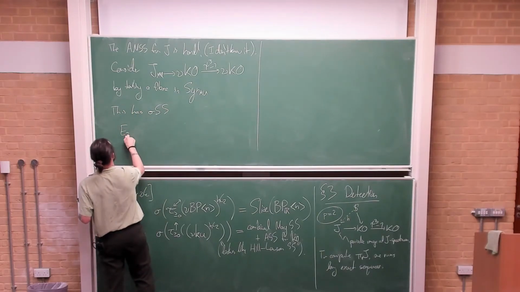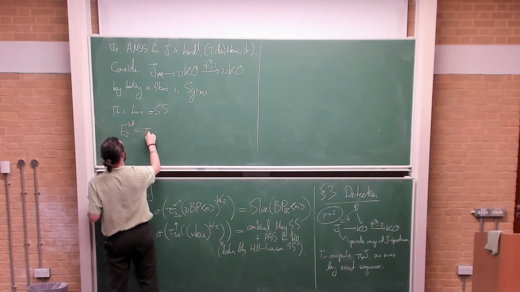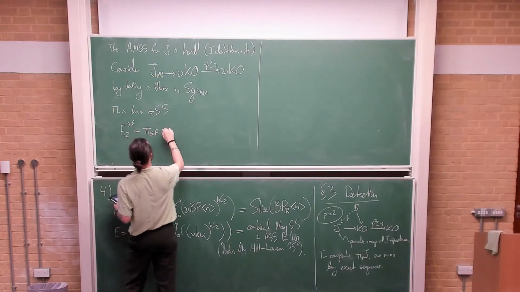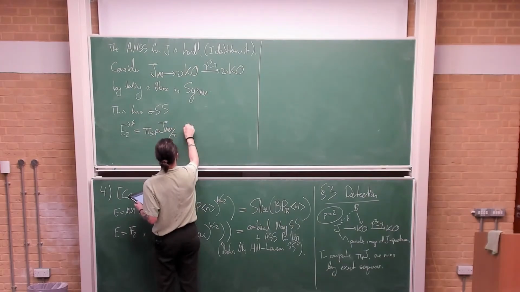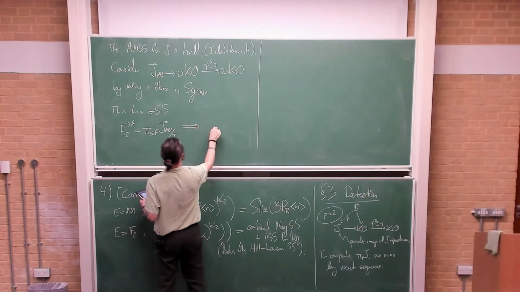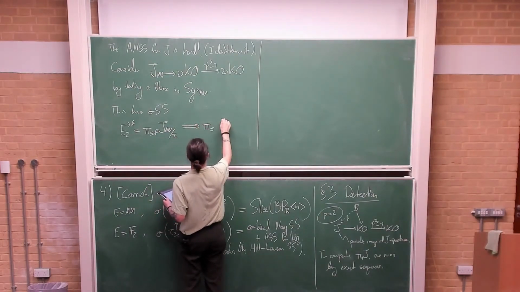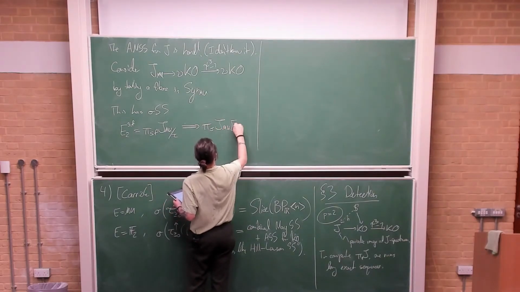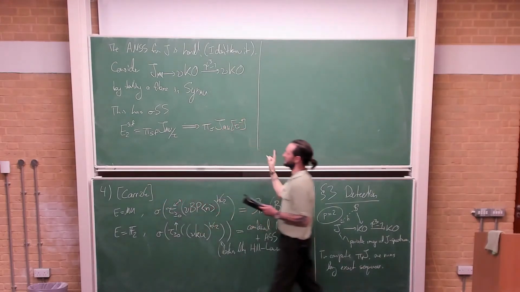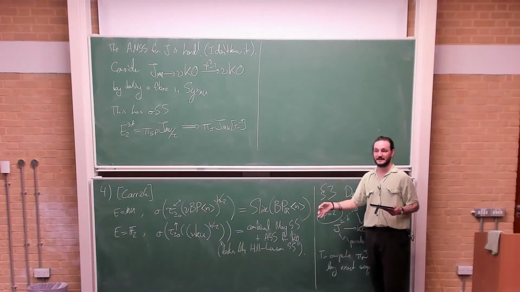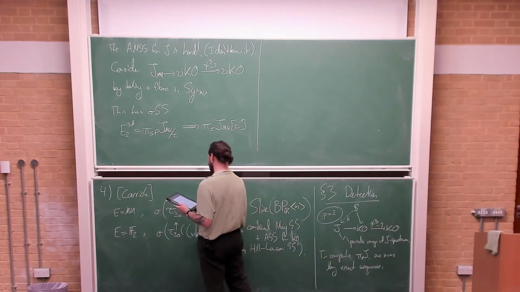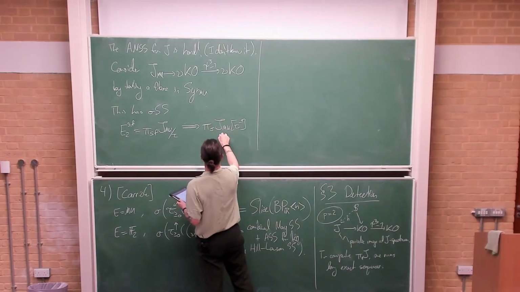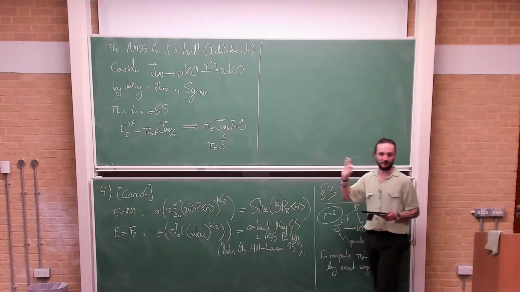Well, the E2 page is going to look like pi SF of J mu mod tau, and it's going to converge to pi s of J mu tau inverted. So the first thing to notice is that this tau inversion, I mean, this is localization. It commutes with, well, it's exact at the very least. So in particular, it's going to commute with taking this fiber here. And so this is going to be exactly pi s of J. So in other words, we're converging to the correct thing.